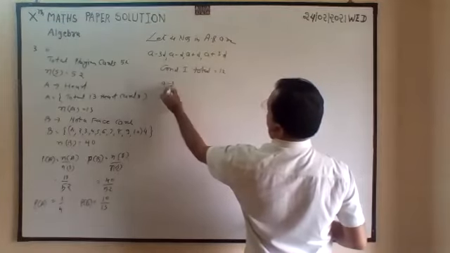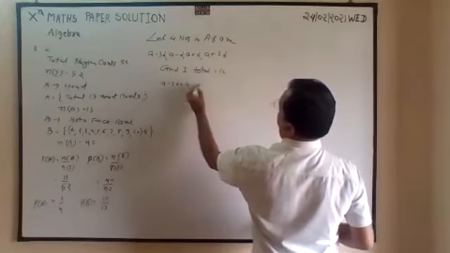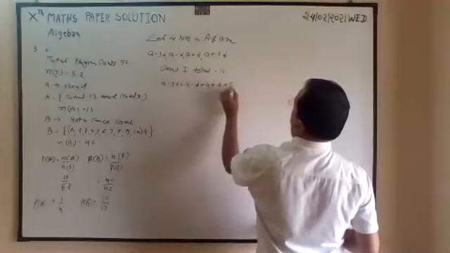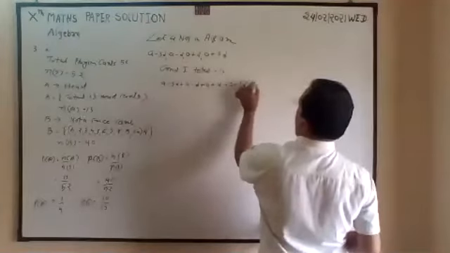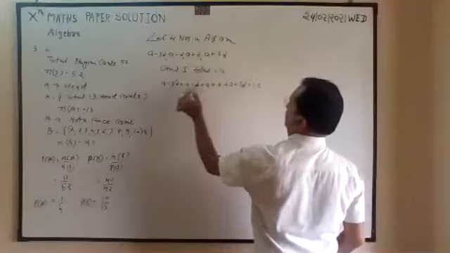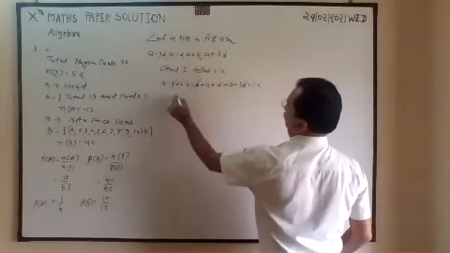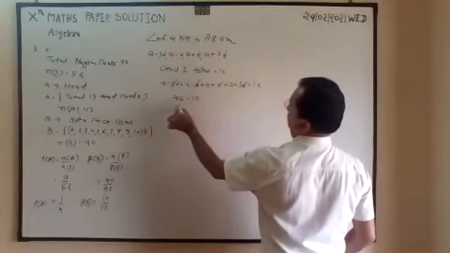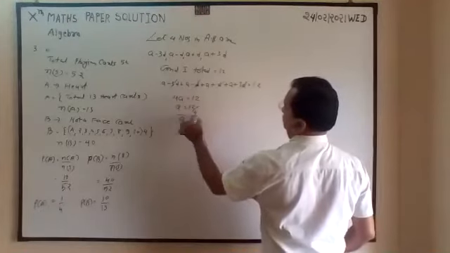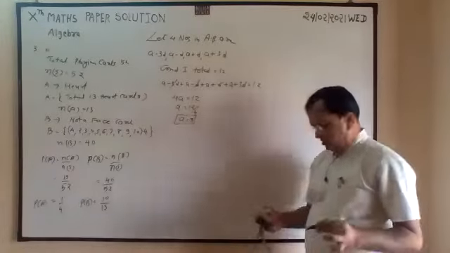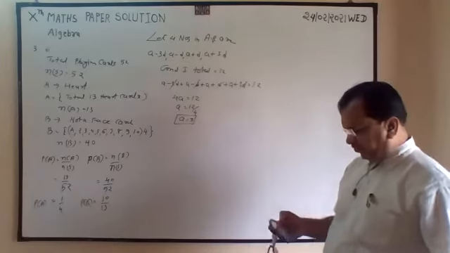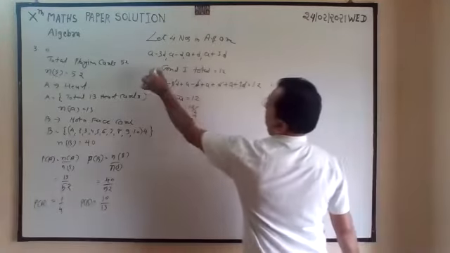So first plus second plus third plus fourth is 12. The 3d and d cancel, plus and minus, so 4a is equal to 12. So a is equal to 12 by 4, a is equal to 3. That is the first answer.